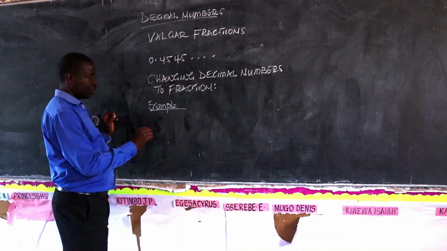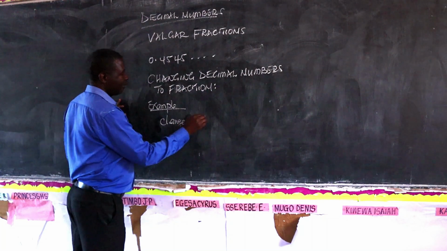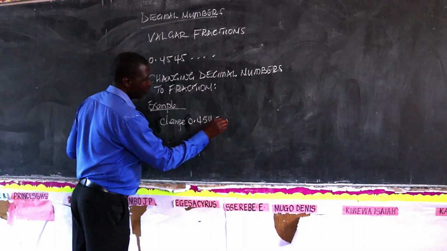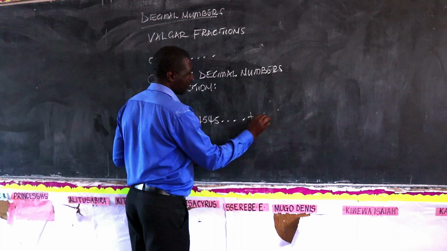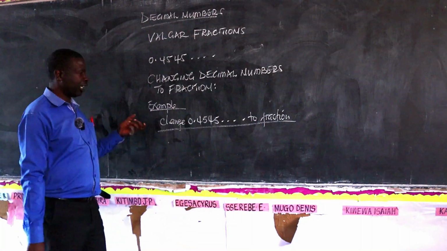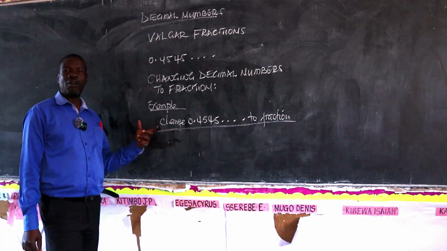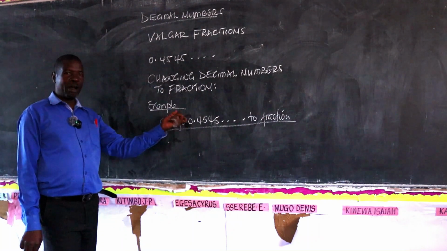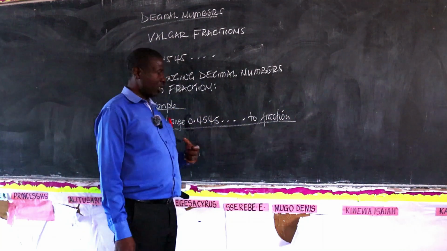When you are asked to change 0.4545 to a fraction, not a decimal number, what are we going to do? It goes from a decimal fraction to a common fraction.